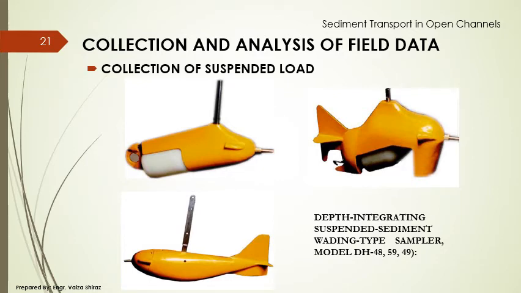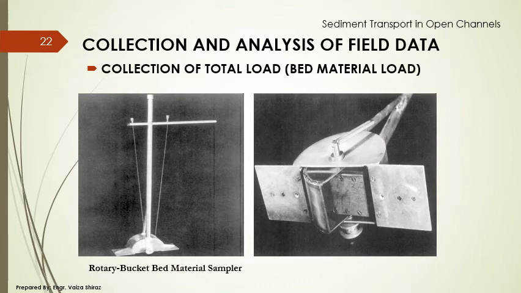Then for the collection of the suspended load, we can use this depth integrating suspended sediment wading type sampler, and the model number is also mentioned over here for these different types. For the collection of the total load, or to be particular the bed material load, you can use this rotary bucket bed material sampler.